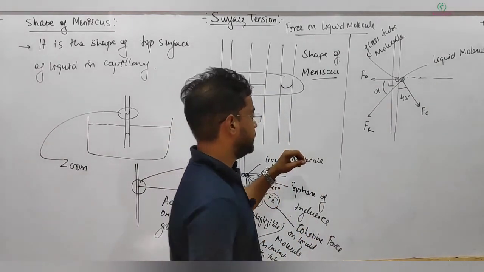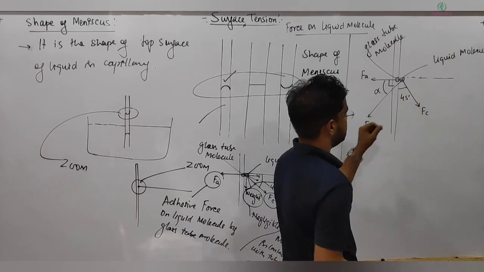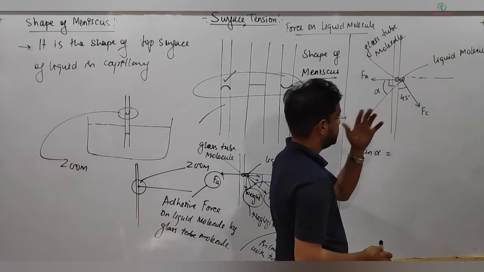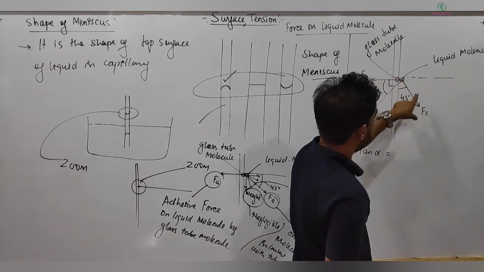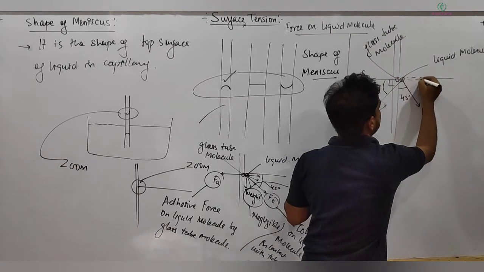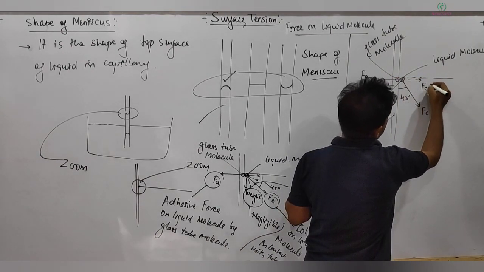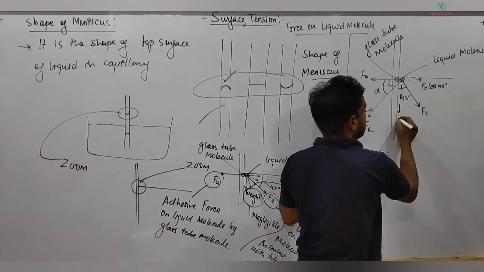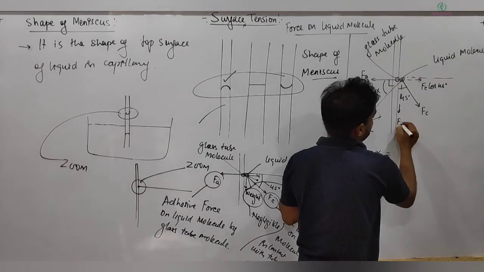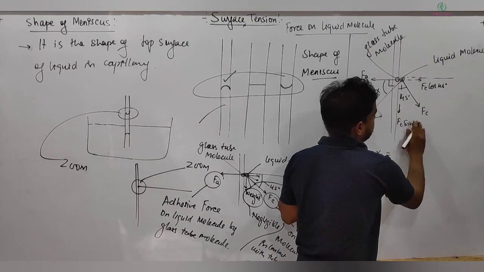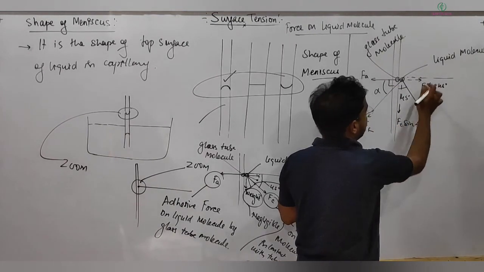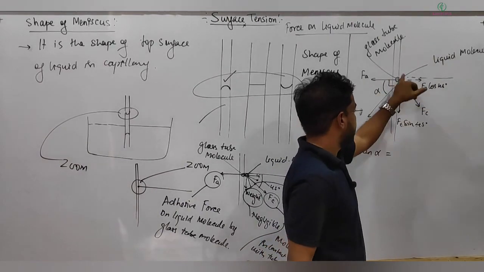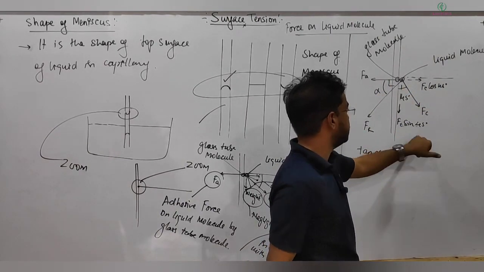Clear up to here? Then from this relation, tan of alpha will be equal to, one component is FC cos 45, and here FC sin 45, and net horizontal force will be FA minus FC cos 45, divided by the vertical force.